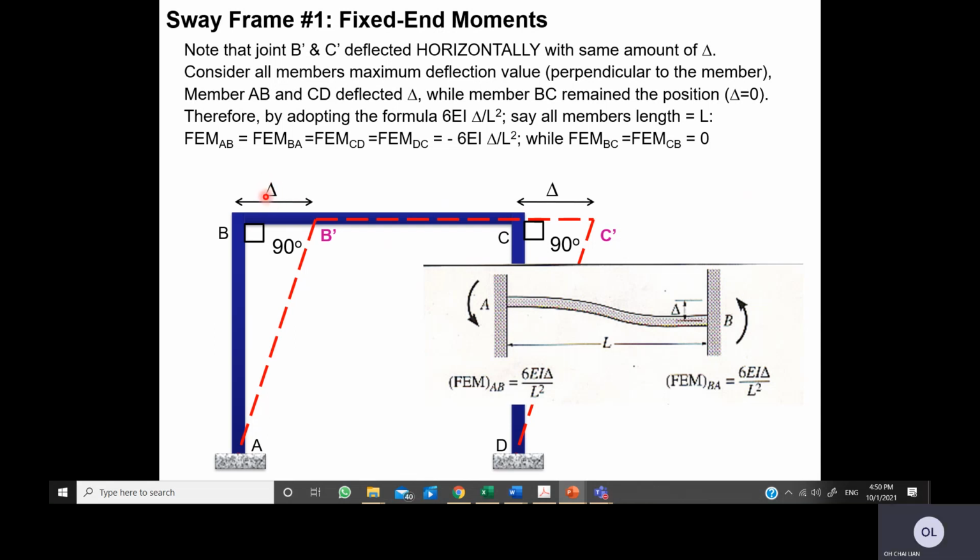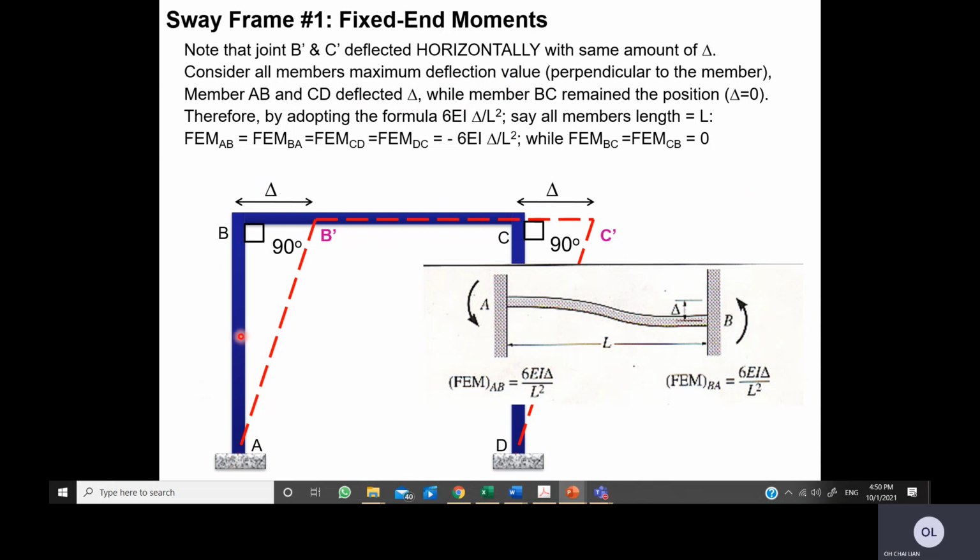Therefore we say that they have deflected by delta. We don't know the value, just put it delta. Consider all members' maximum deflection value perpendicular to the member. Members AB and CD have deflected delta, while member BC remained in position, delta equal to 0.